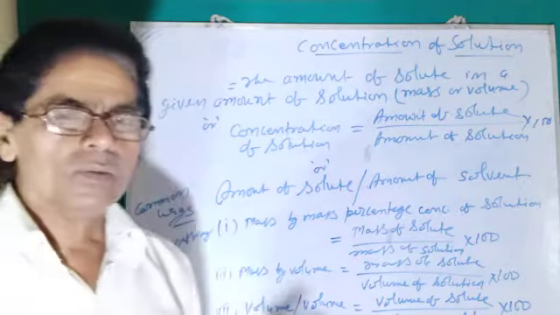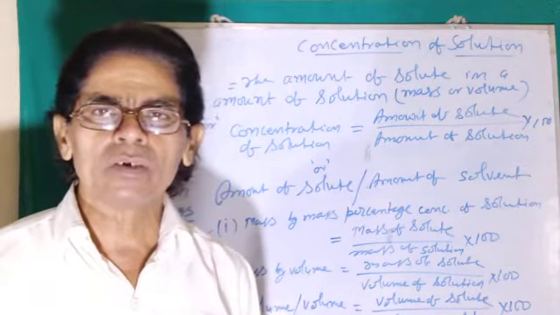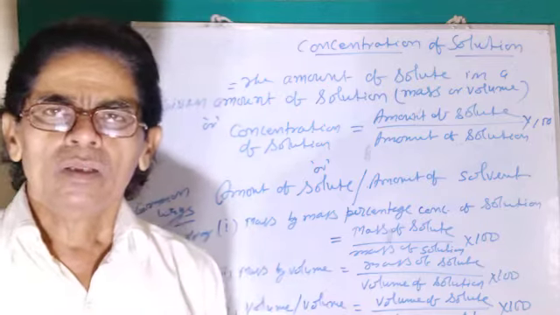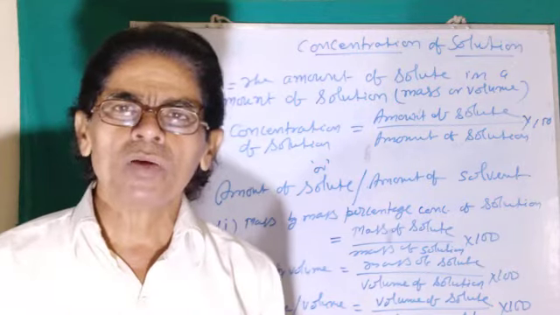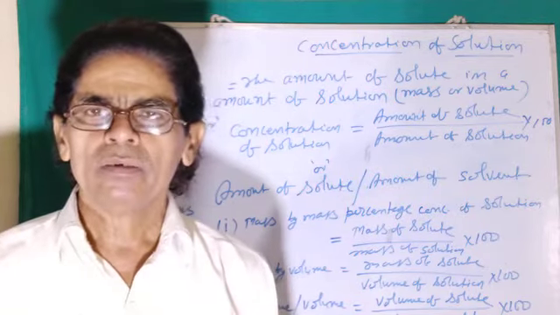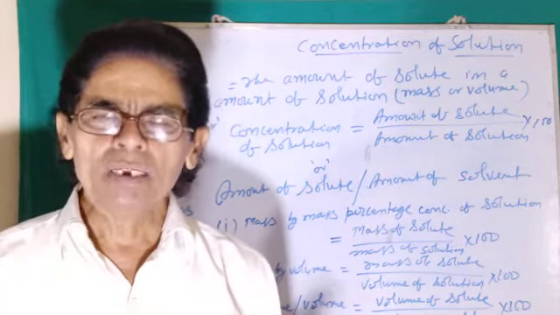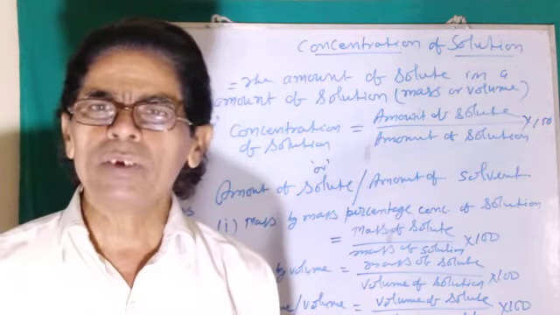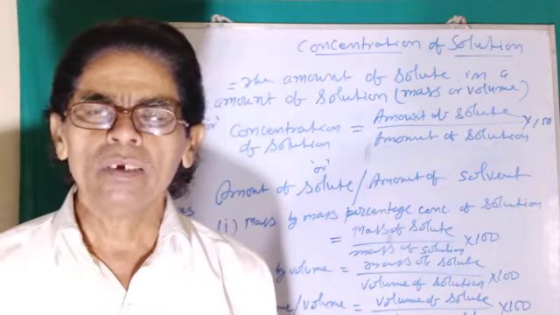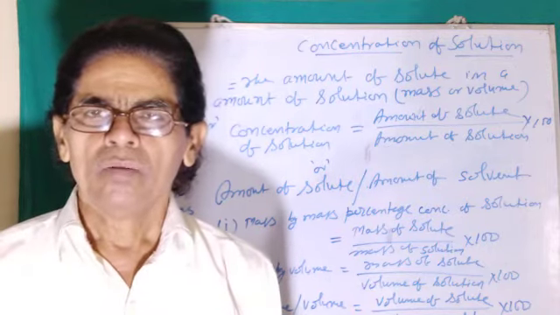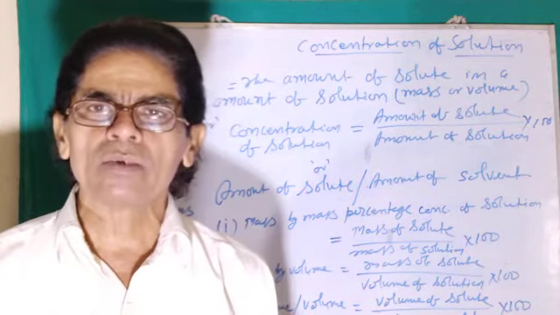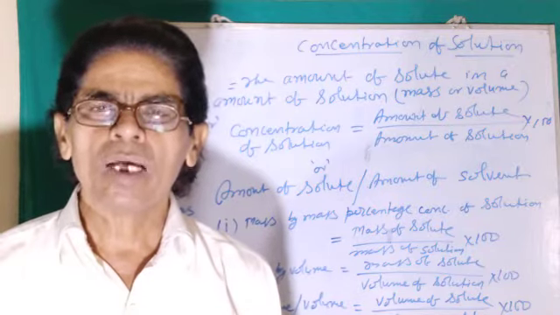Now another way of expressing the concentration of a solution is mass by volume. It means the amount of solute present in a given volume of solution. Here solute is expressed in mass and solution in volume. It means the amount of chemical substance soluble in water or other solvents.